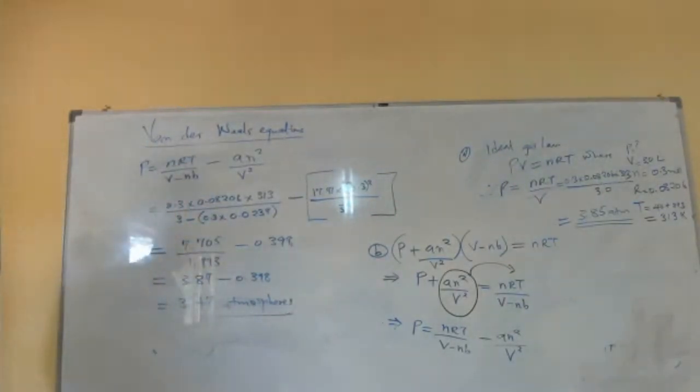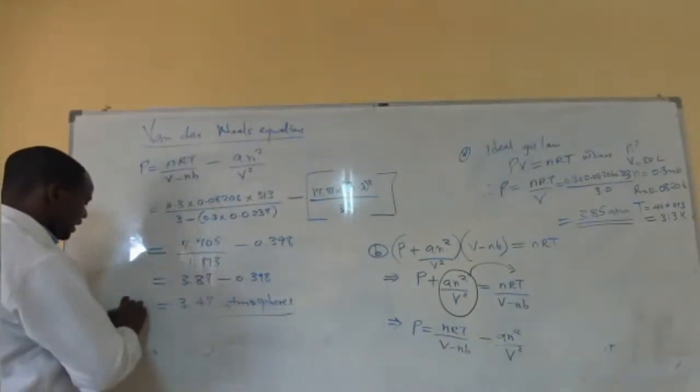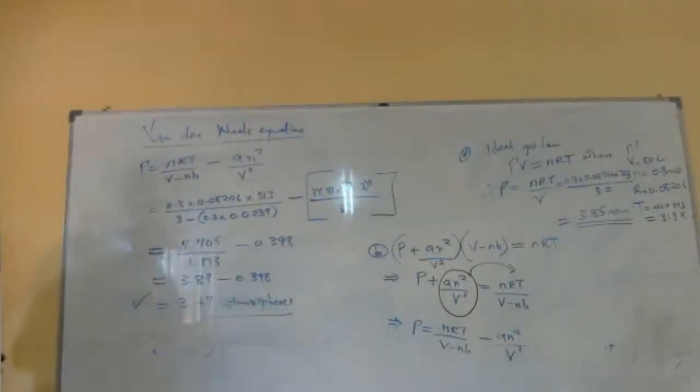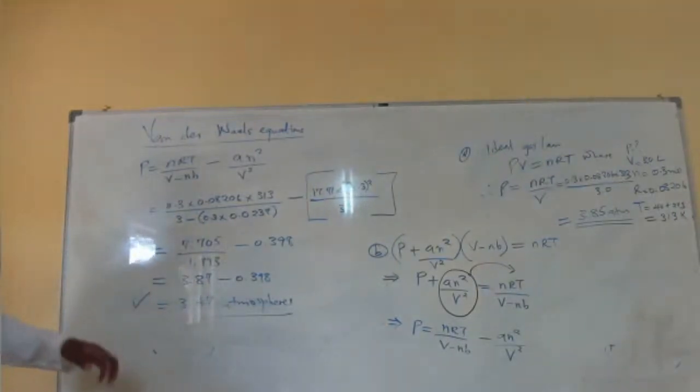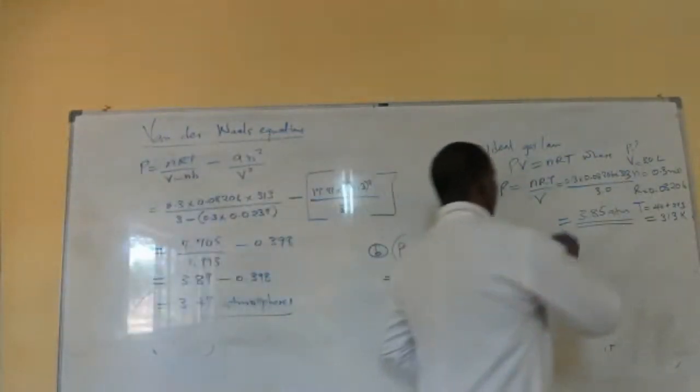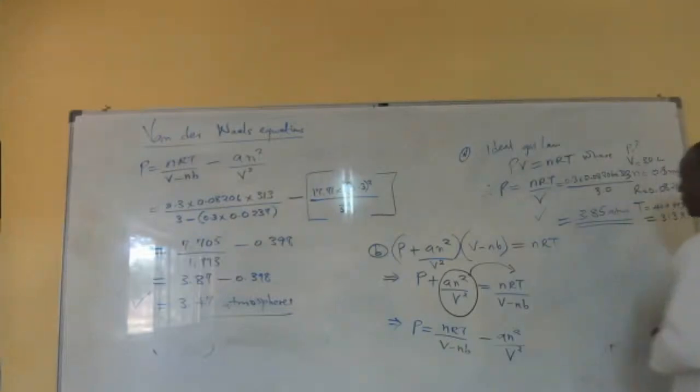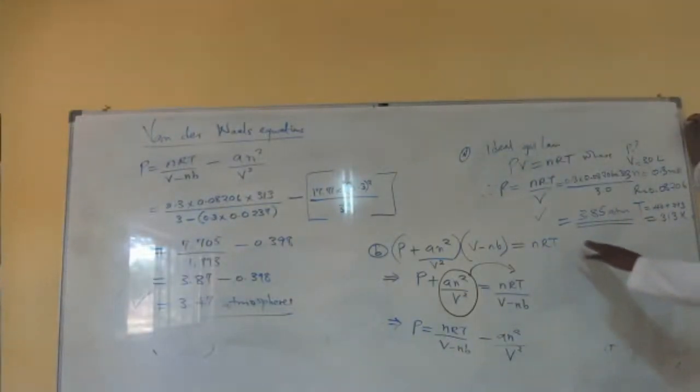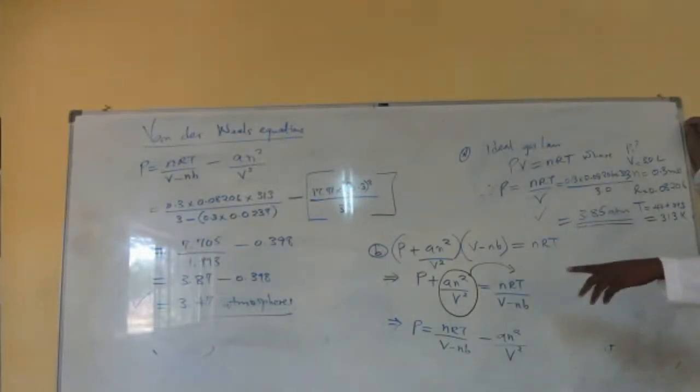Okay, or atm. Now when you compare the pressures that you have calculated, using the ideal gas equation and the van der Waals equation, you can see that the ideal gas equation gives you a pressure which is much higher than what you get when you correct using the van der Waals equation.